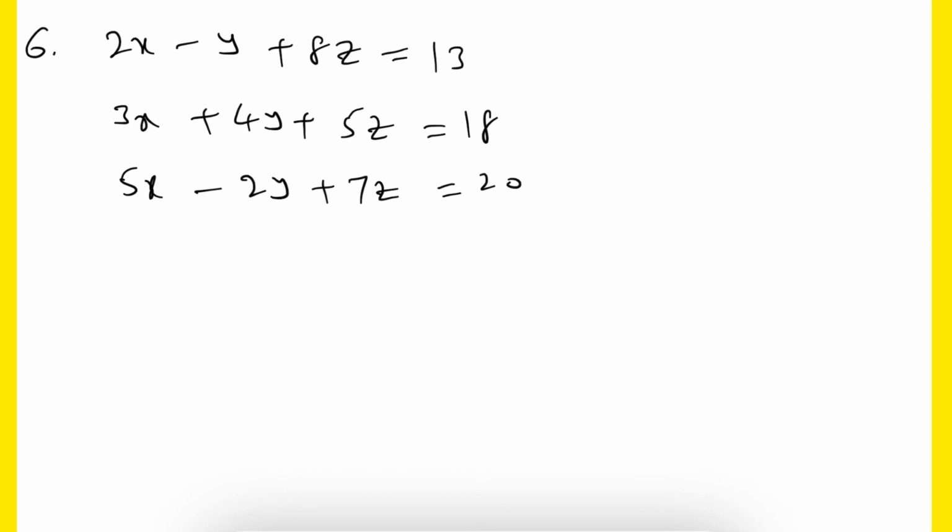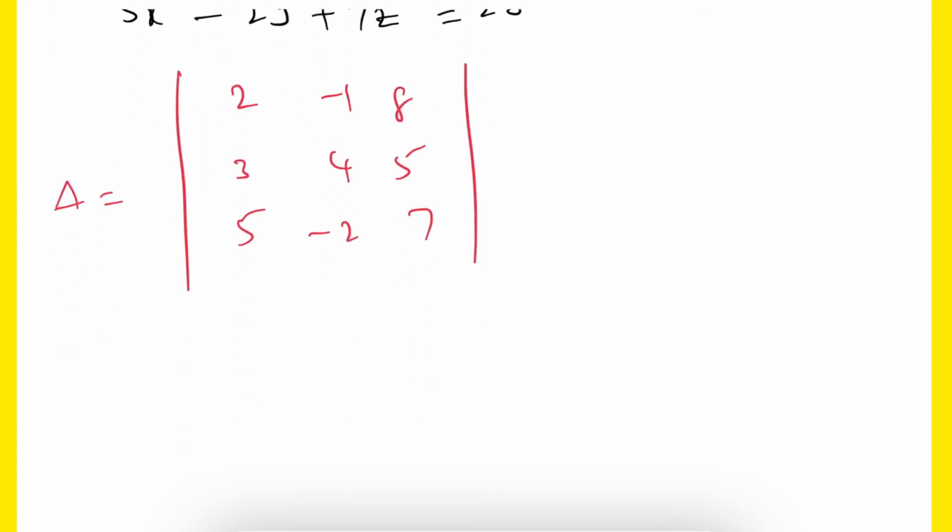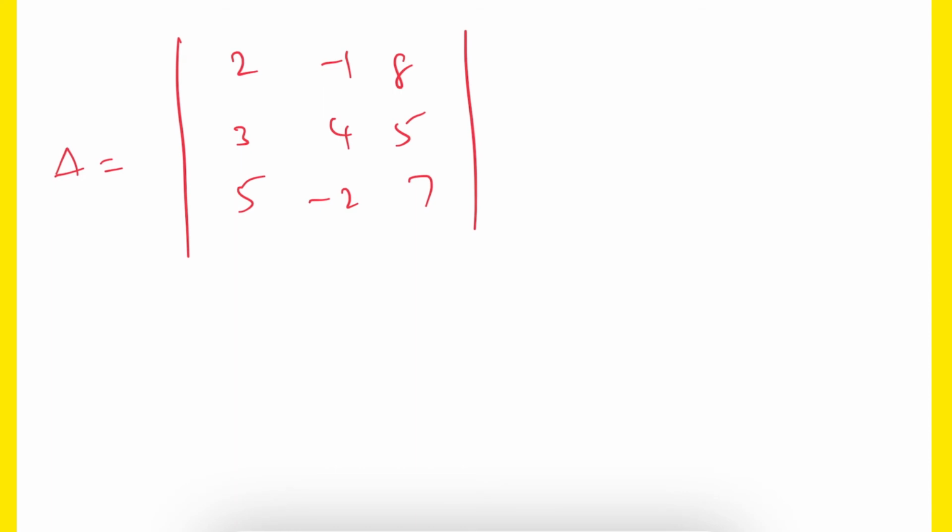First let us write the delta value, all coefficients. 2 minus 1 8, 3 4 5, 5 minus 2 7. Let us find out the determinant of this. This will become plus, it will become minus, it will become plus.